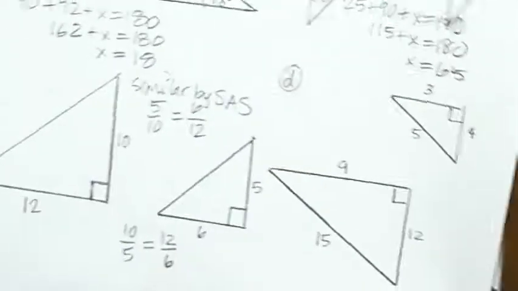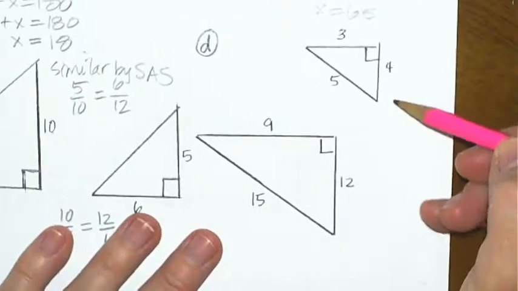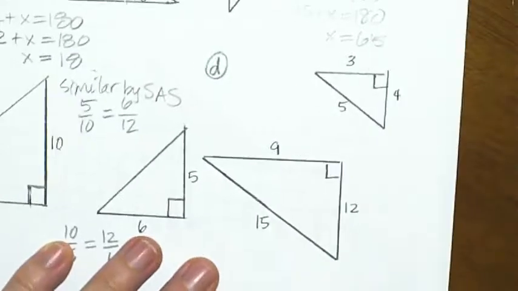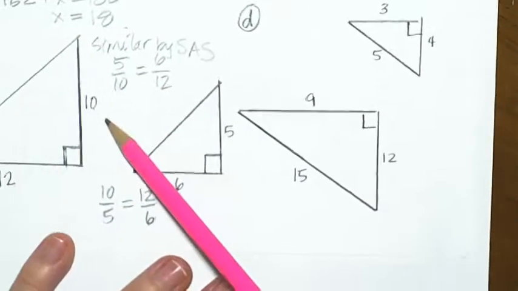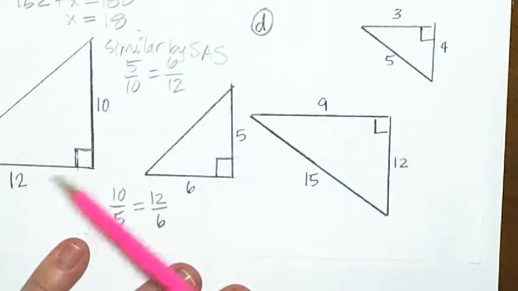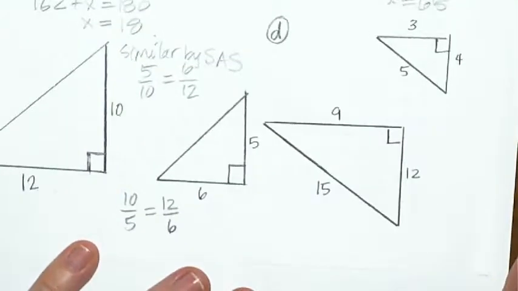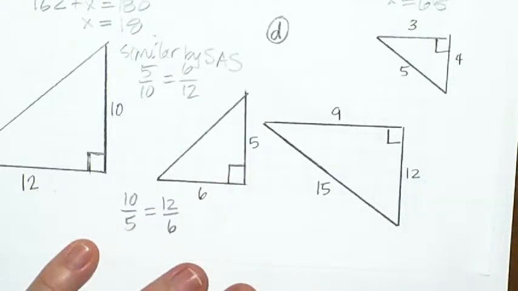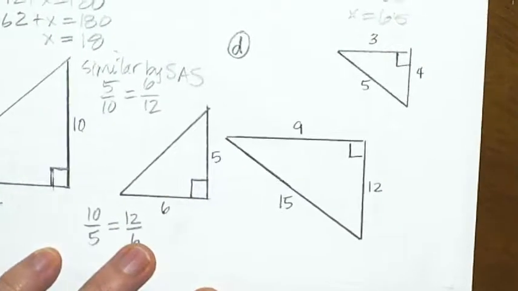Okay, part D. Let's see what happens when we compare the ratios of these sides. Now, you might have said, how did you know 5 was going to correspond to 10, 6 is going to correspond to 12? How do you know it wasn't 10 over 6 over 5? You can try that. 10 over 6 is not going to be the same as 12 over 5, so then you could try what we did.